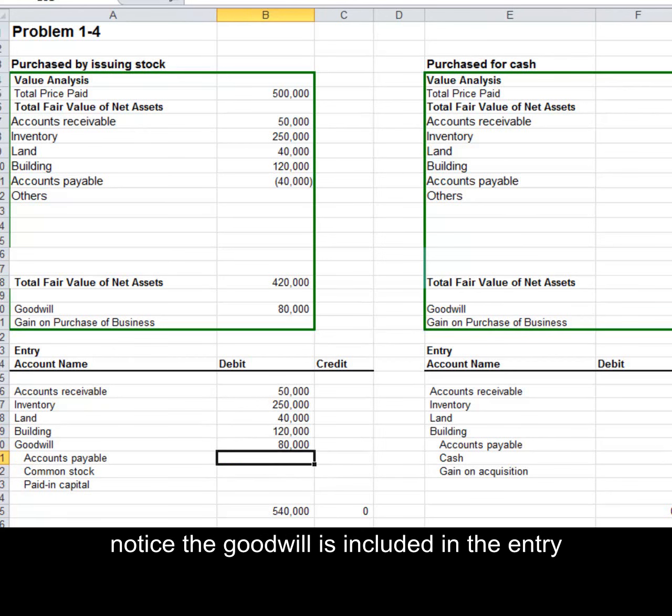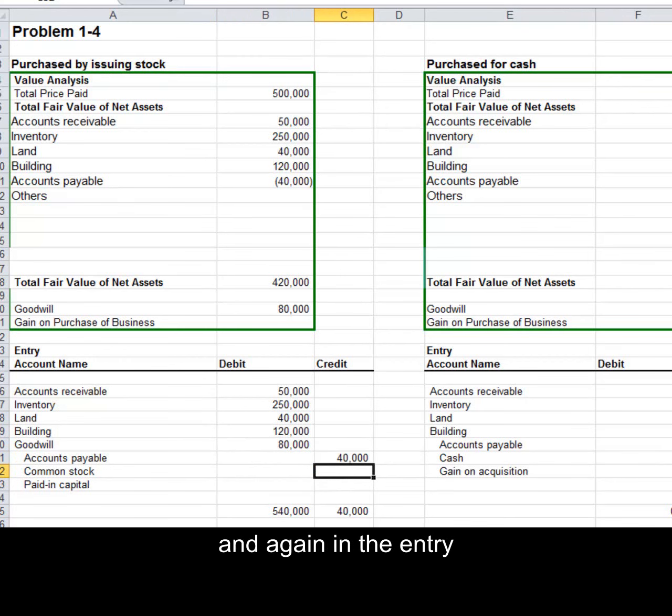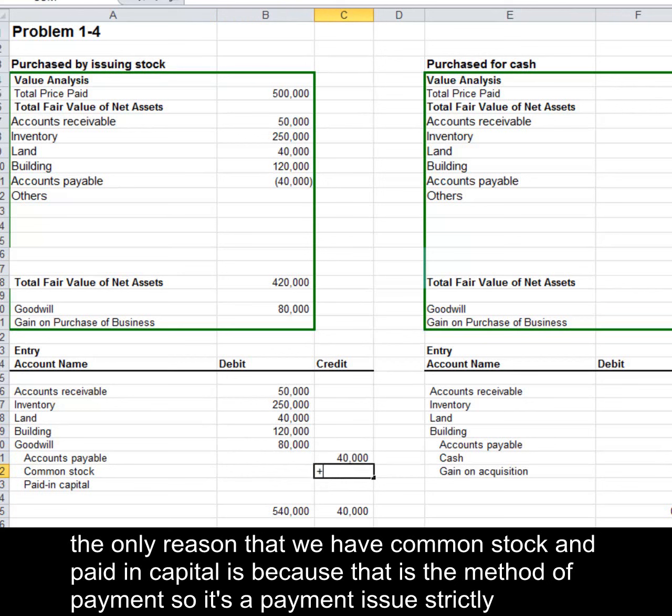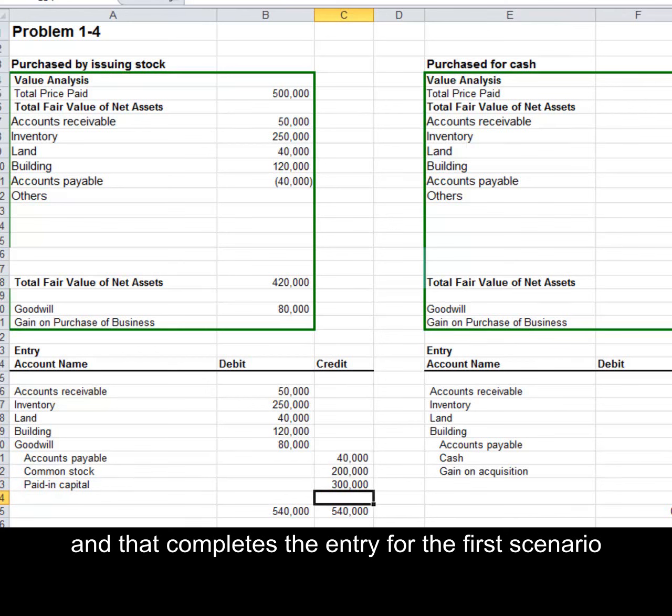Notice the goodwill is included in the entry. And again, in the entry, the only reason that we have common stock and paid in capital is because that is the method of payment. So it's a payment issue, strictly. And that completes the entry for the first scenario.